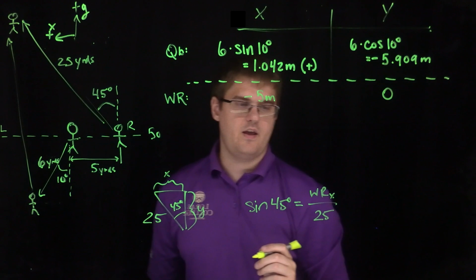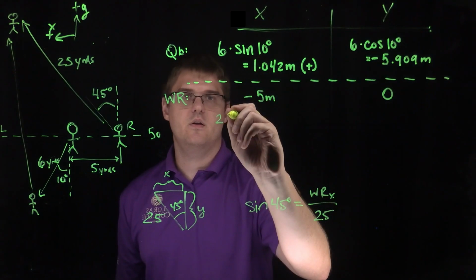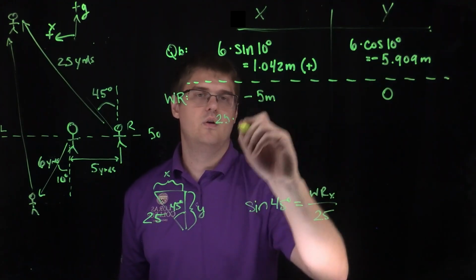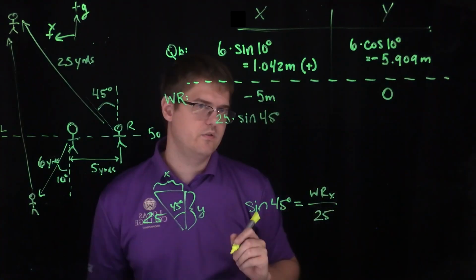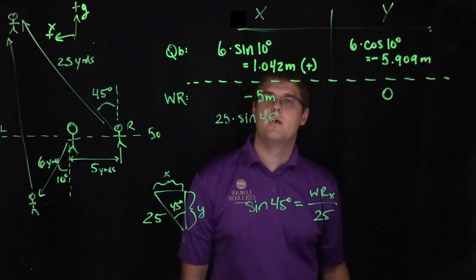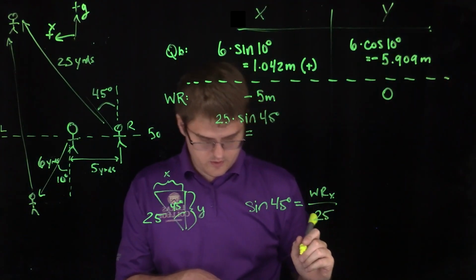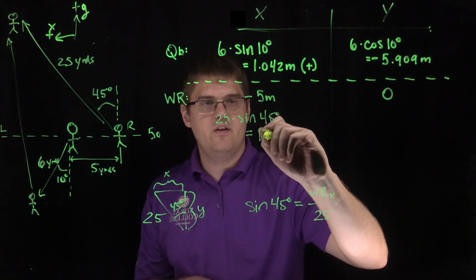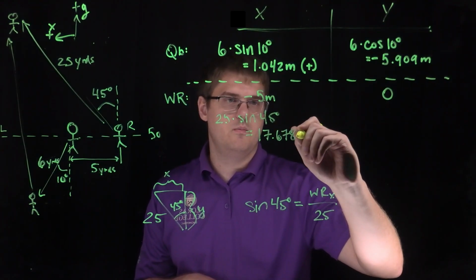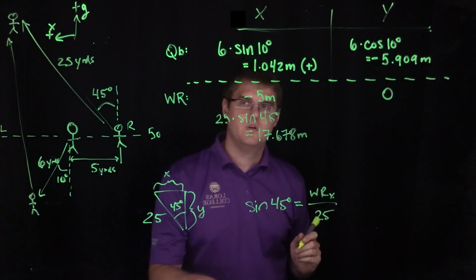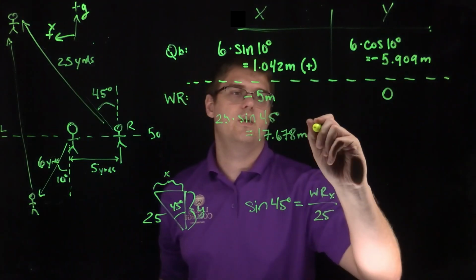So we have in the x, he goes 25 meters times the sine of 45 degrees, which is going to be equal to 17.678 meters. And it is going to the left, and we said left is positive, so this is another one that is positive.